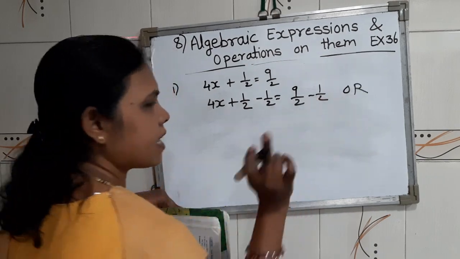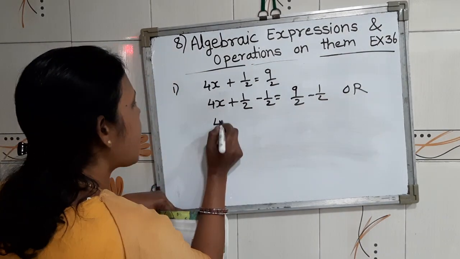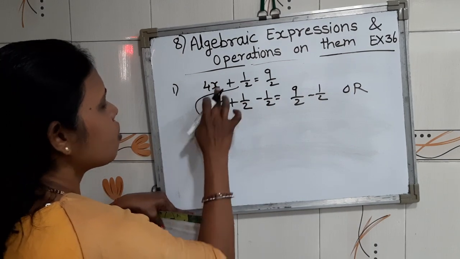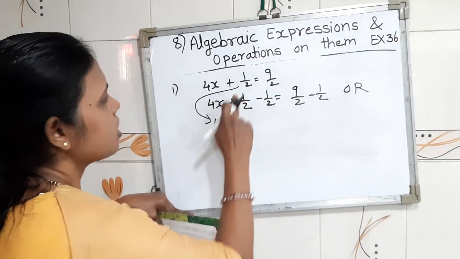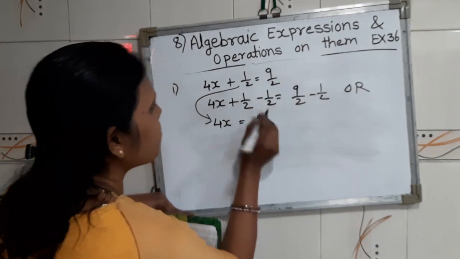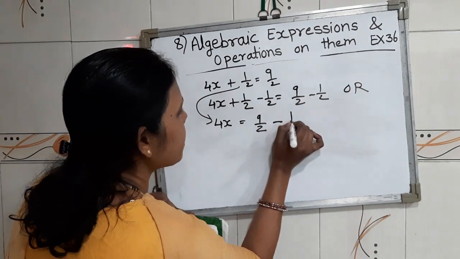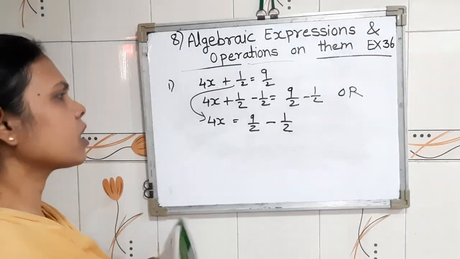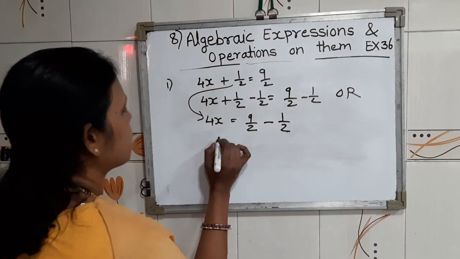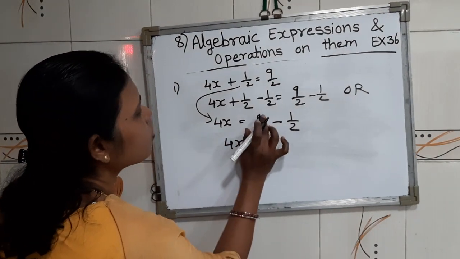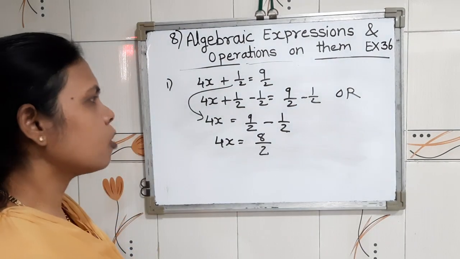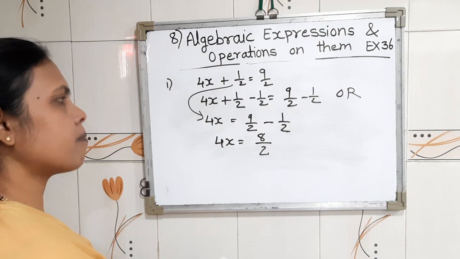Or directly you can write 4x as it is. This plus half we are taking directly to 9 upon 2. This half we are taking this side, minus half. What will remain? Here 4x equal to 9 minus 1, 8 upon 2, because the denominator has the same number.